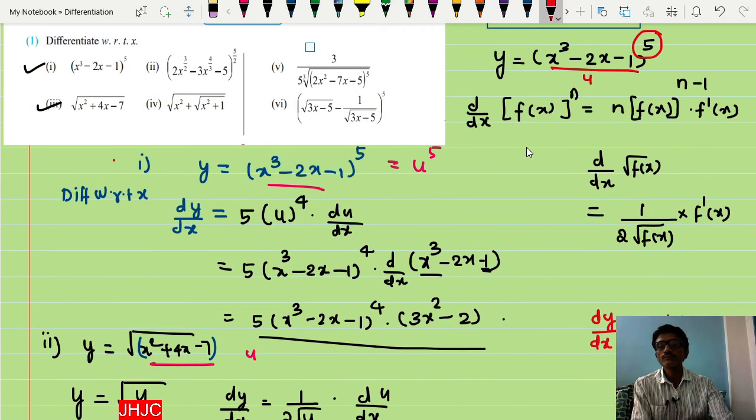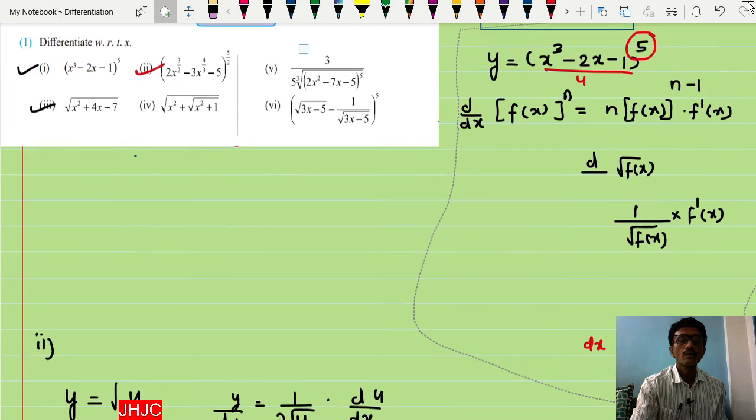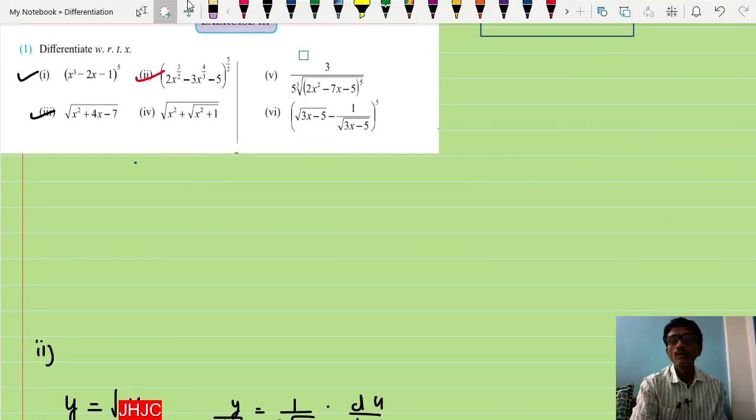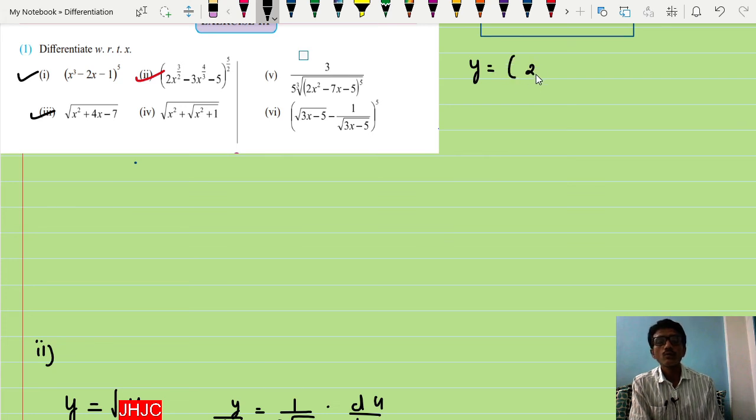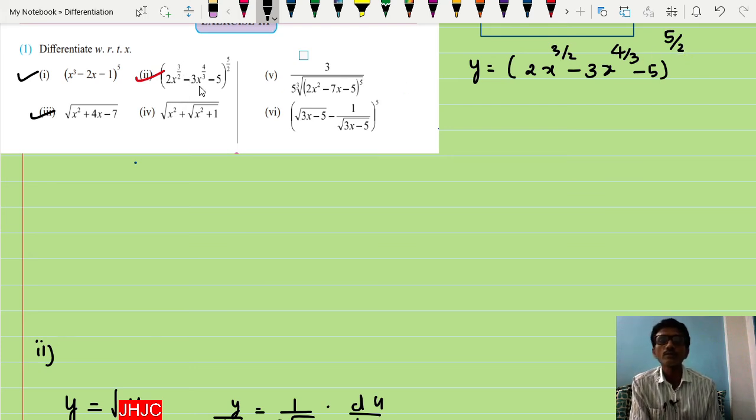Next question. Here we'll do the second question. y is equal to 2x raised to power 3 by 2 minus 3x raised to power 4 by 3 minus 5, whole raised to power 5 by 2.